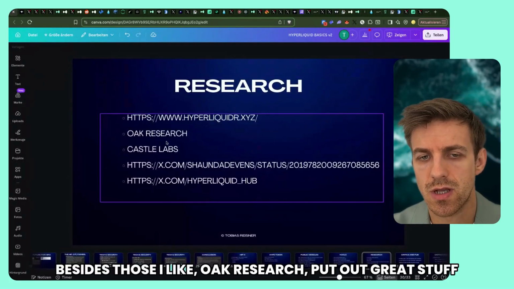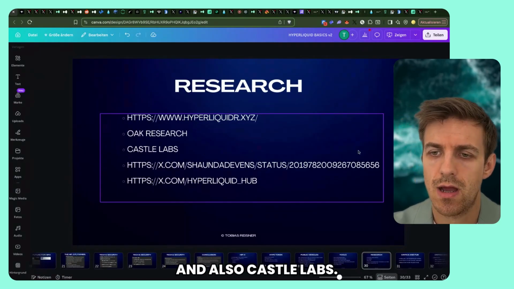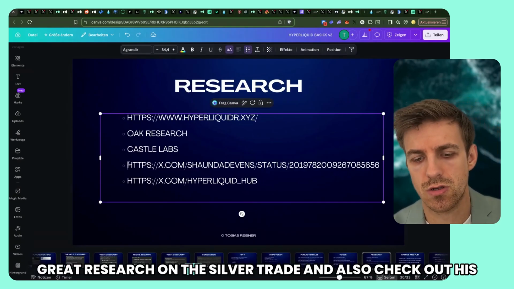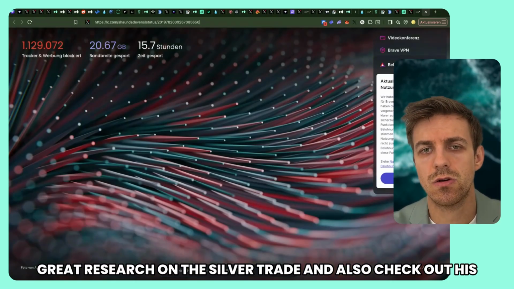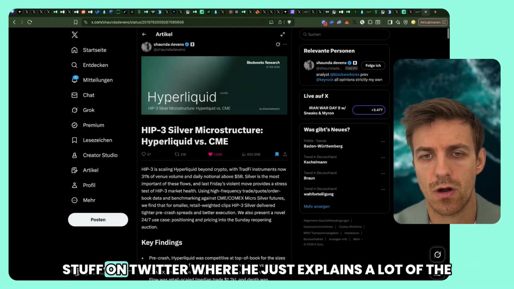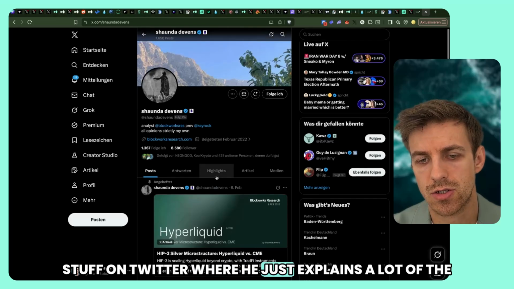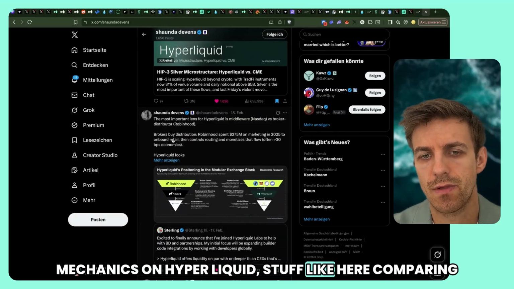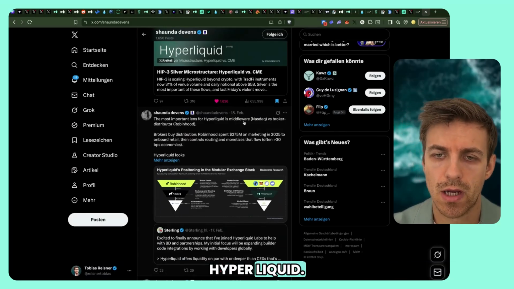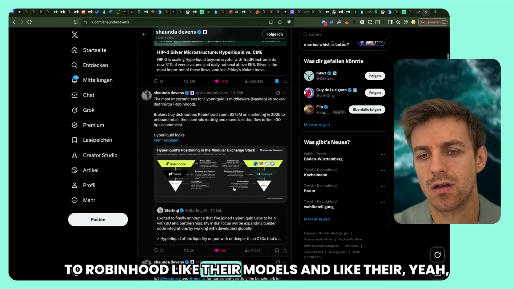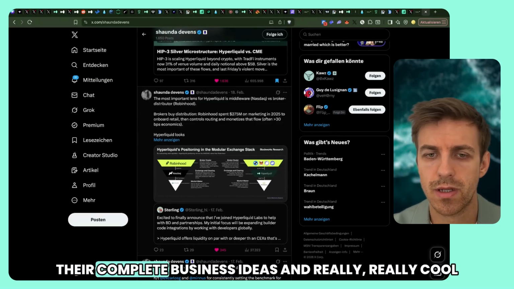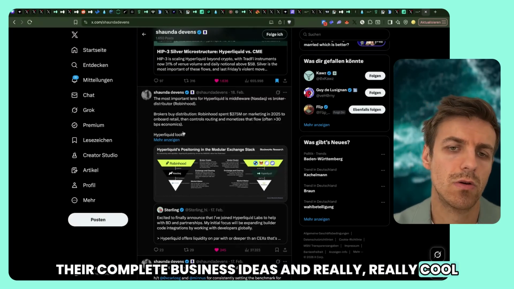Besides those, there's Oak Research, they put out great stuff, and also Castle Labs. And I shared with you before, Sean Evans, he did the great research on the silver trade, and also check out his stuff on Twitter, where he explains a lot of the mechanics on Hyperliquid, also stuff like here comparing Hyperliquid to Robinhood, their models and their complete business ideas, really cool stuff he puts out.